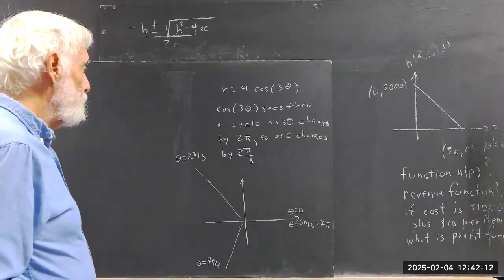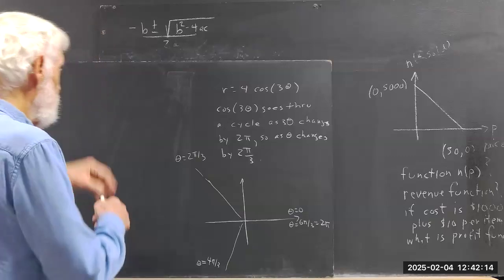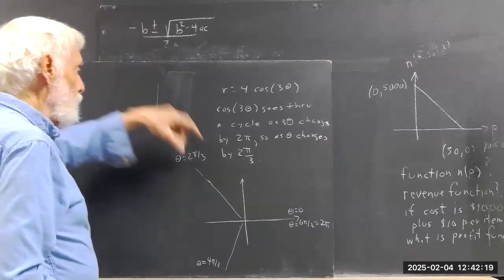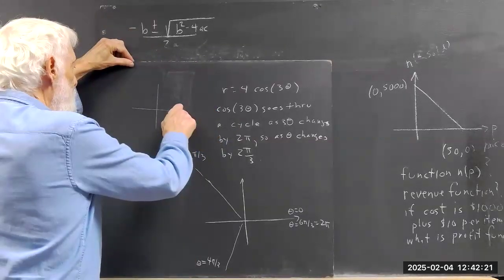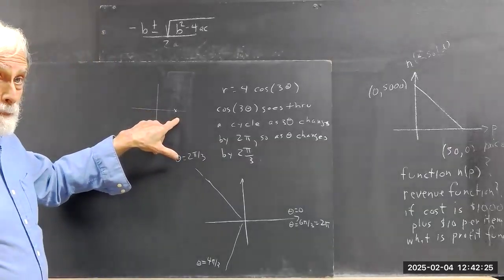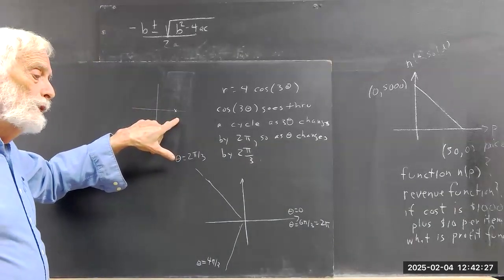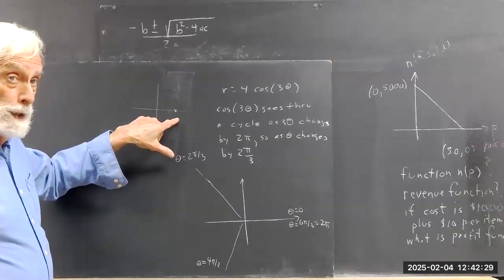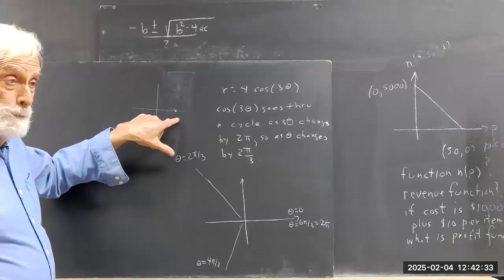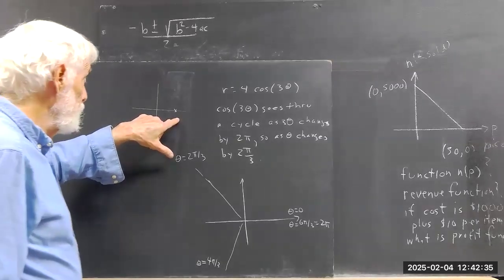Now, we know that. We also know, I hope, that the graph of cosine of theta: cosine of 0 is 1. So we have a point here, right? And then the cosine of pi is -1. Okay? Cosine of pi over 2 is 0.